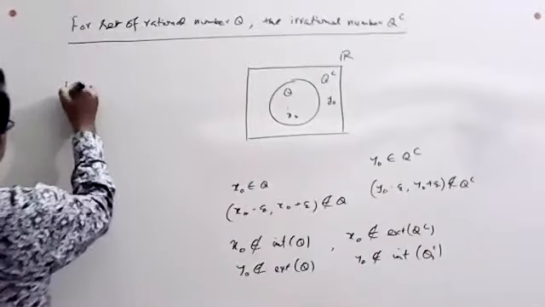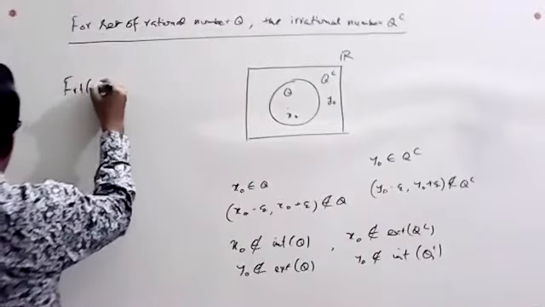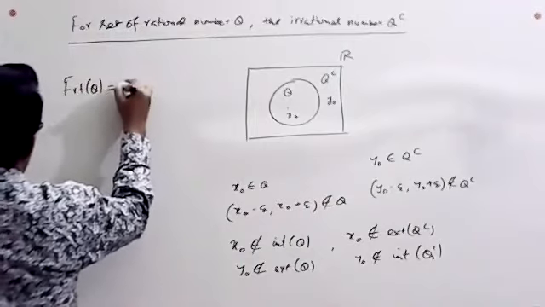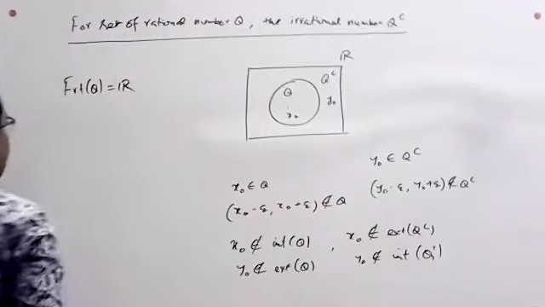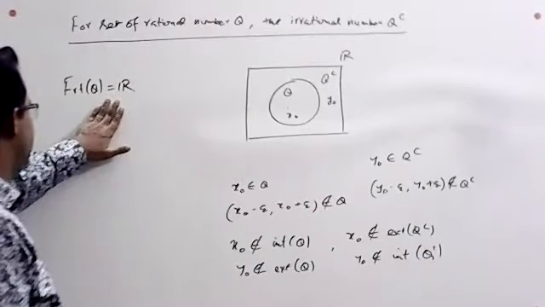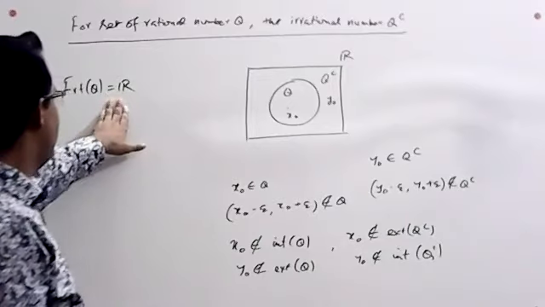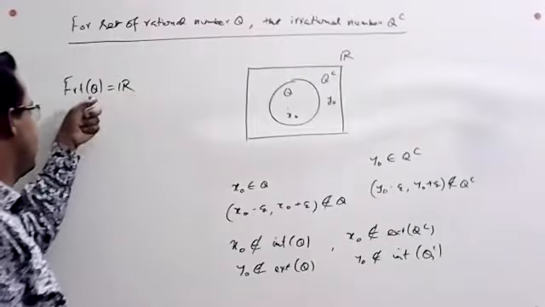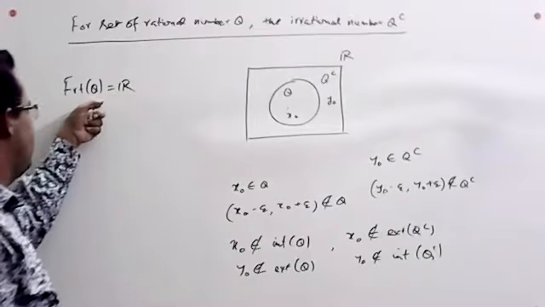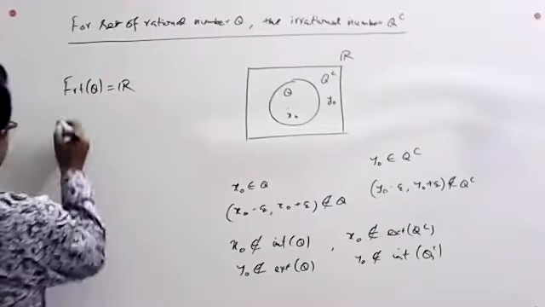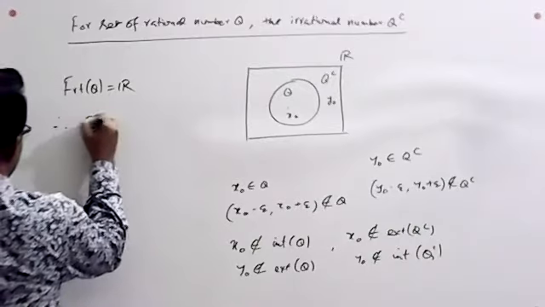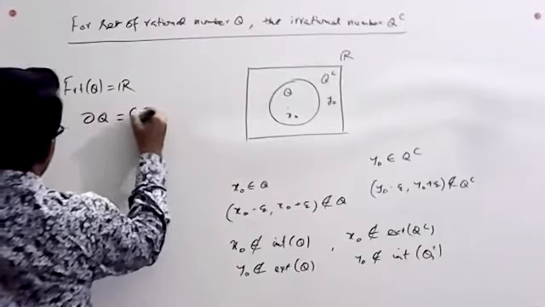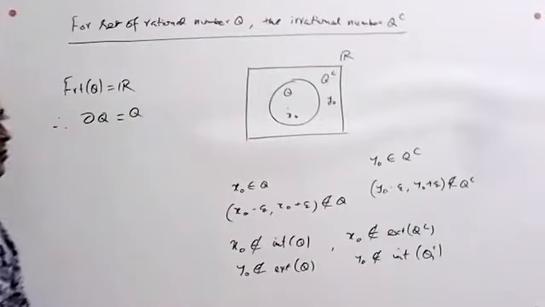That is why the frontier of Q is equal to all real numbers. Among these real numbers, only the elements of Q belong to the set Q. So the boundary of Q is only the set of rational numbers.